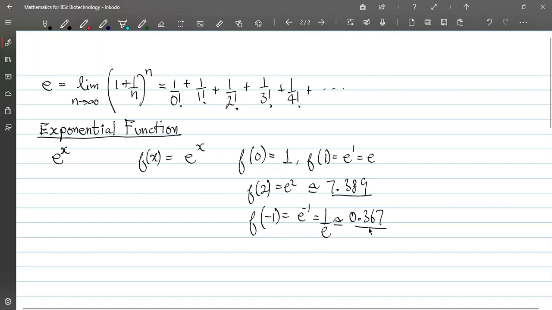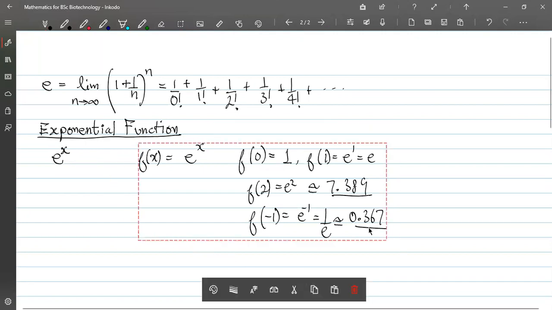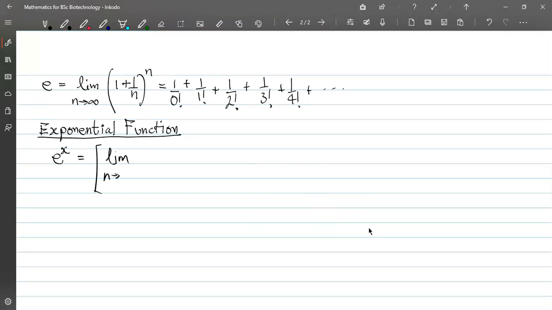So if you consider this as a function, according to this definition, e is this limit. Okay, e is this limit. So e to the power of x will be what? This limit to the power of x.